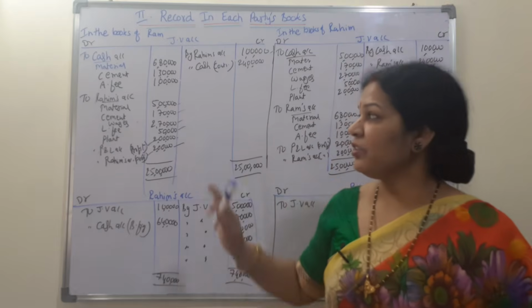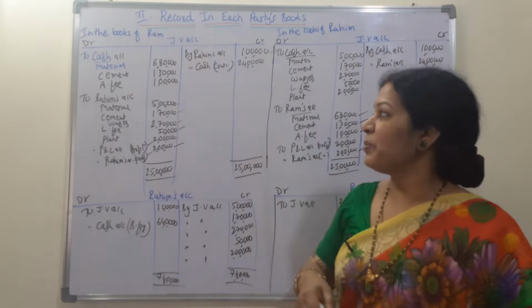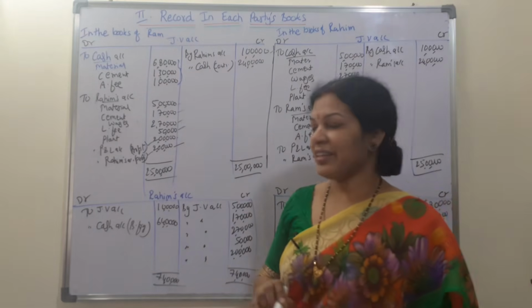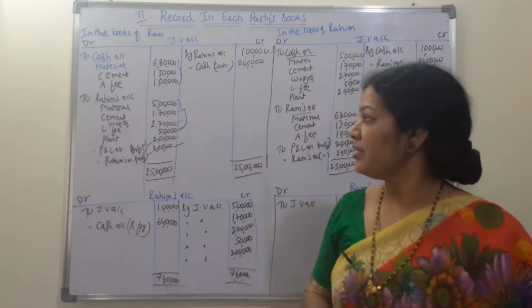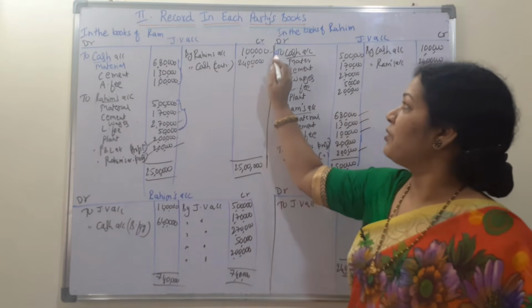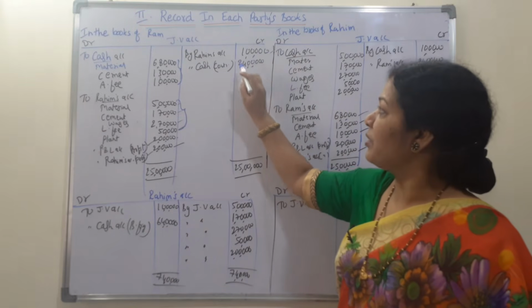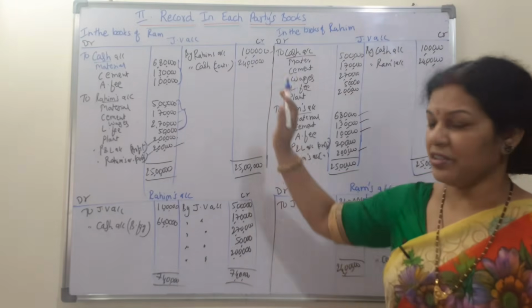Okay. Now in this problem, first we have opened in the books of Ram. So Ram expenses, we said cash, all this. Then Raheem expenses by Raheem, so all this. And Ram's 1 lakh cash, and Raheem's is 1 lakh, Ram's is 24 lakh sale proceeds.